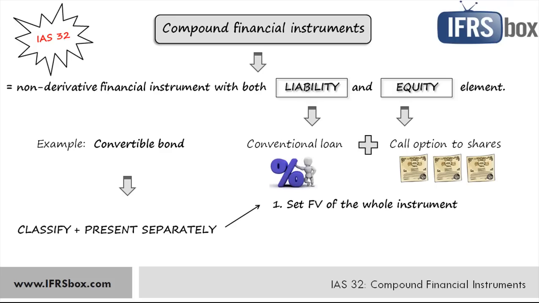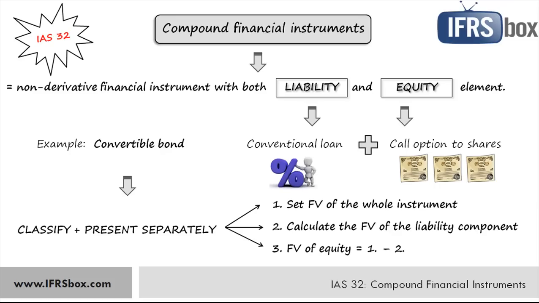Secondly, the issuer would value the liability component, which is the bond with the same parameters as the convertible bond, but without the option to redeem in shares. The last step is to calculate the fair value of equity component as a difference between the fair value of the compound instrument as a whole, in step 1, and the fair value of the liability component set in step 2.